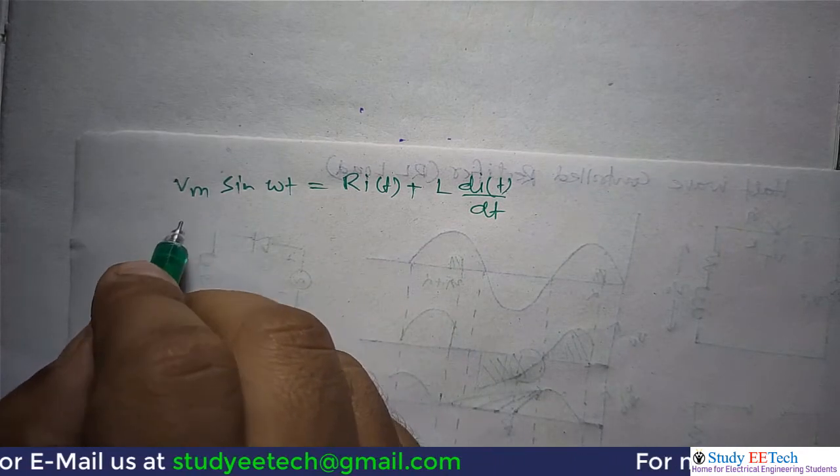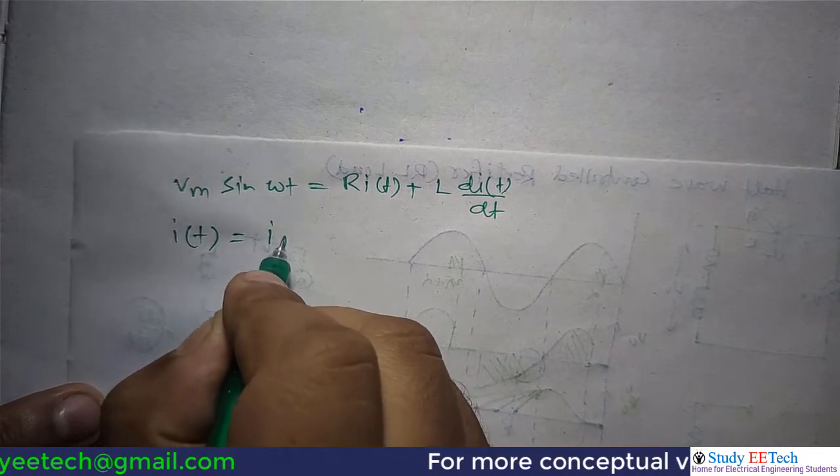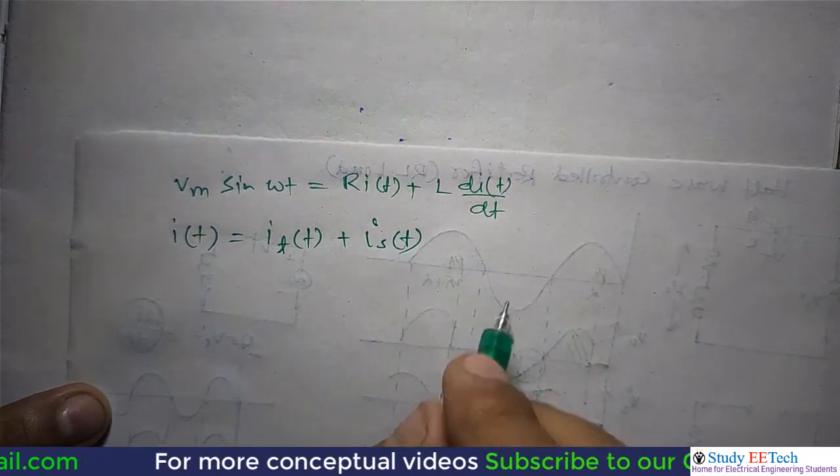This is a differential equation. In this differential equation the solution will look like this: the transient state plus the steady state.